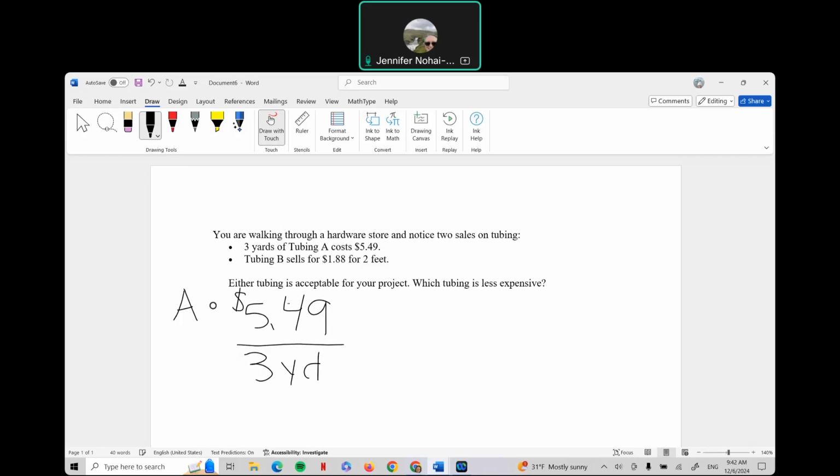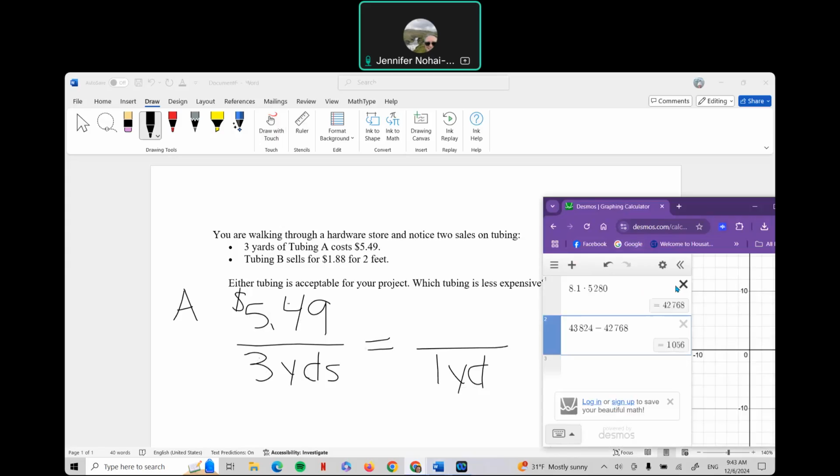So what we do in this case is to convert this so that we have 1 yard in the denominator. Okay, and that's where we get the unit pricing from, the unit meaning one. And so the best way to do this is actually to grab our calculators and divide these two numbers. We have $5.49 over 3 yards.